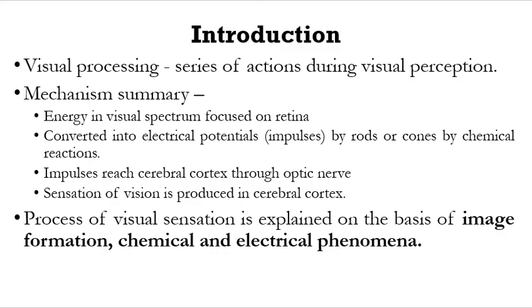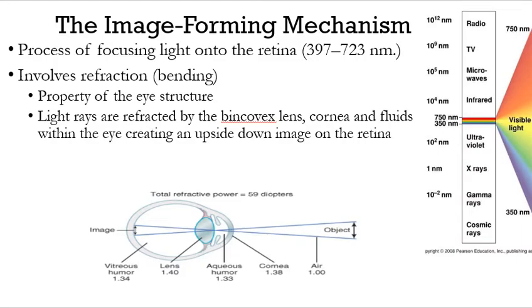So conversion, and then you want it to reach the cerebral cortex through the optic nerve, which is perception. So really you have image formation and the conversion of chemical to electrical impulses, and finally the perception of it all. And so let's start with the image forming mechanism.